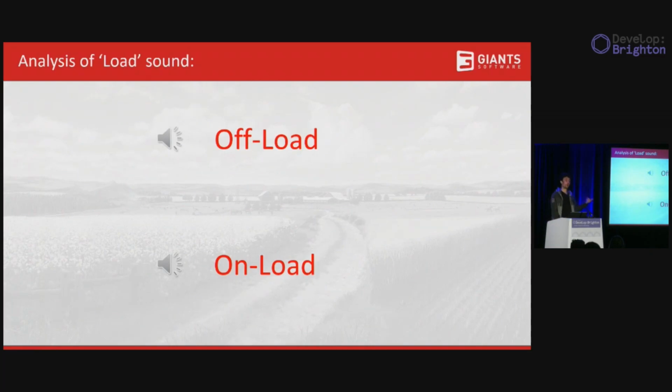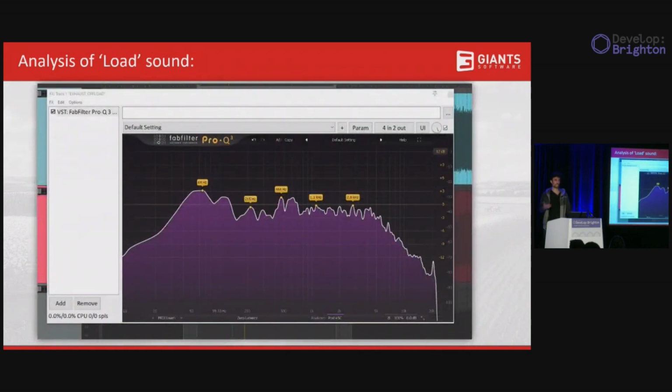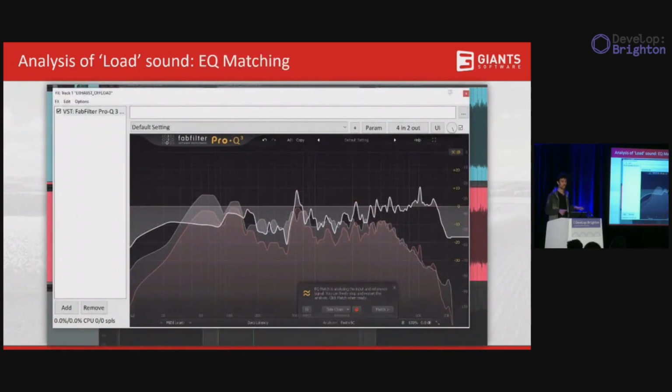Then we have onload. Here the tractor is under pressure, and it triggers this second voice. How do we get this voice? As I said before, we already record these voices, and then we use our plugin FabFilter Pro-Q, and we use the EQ Match.